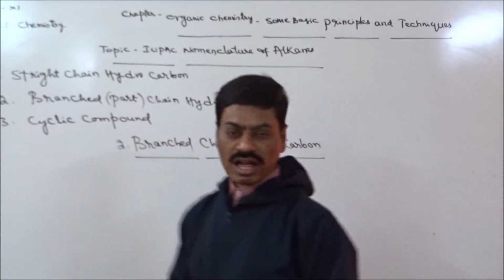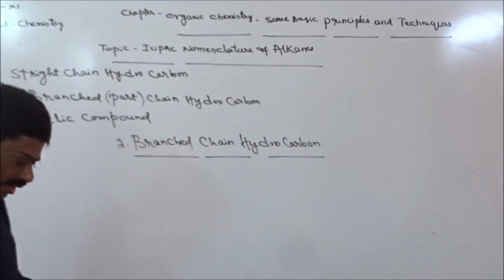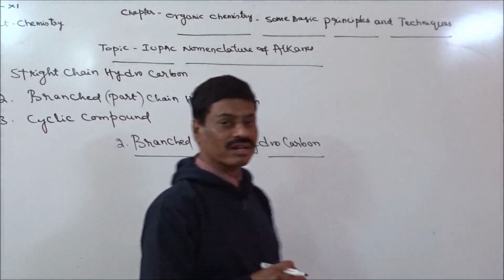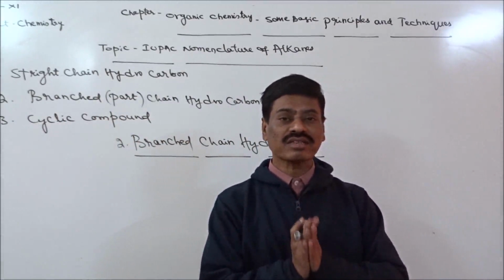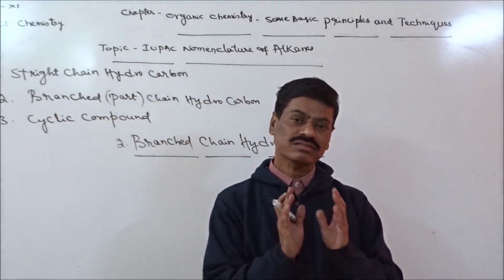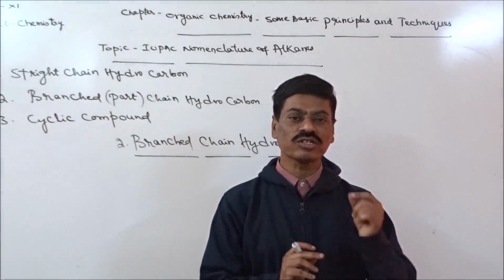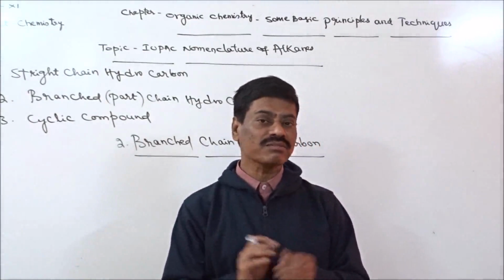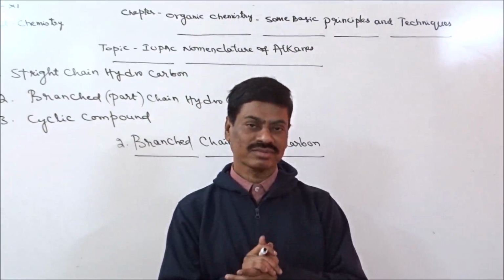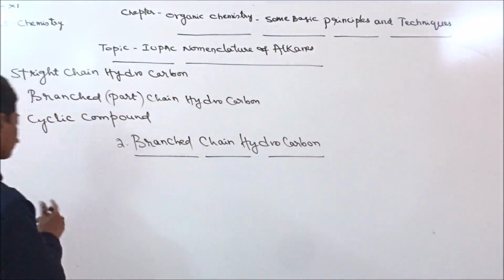Yes, children. Now we are going to see the third type of alkyl group, wherein three carbon atoms are connected to one carbon atom, that is three methyl groups or three alkyl groups. Let us see its name in the trivial system with an example.